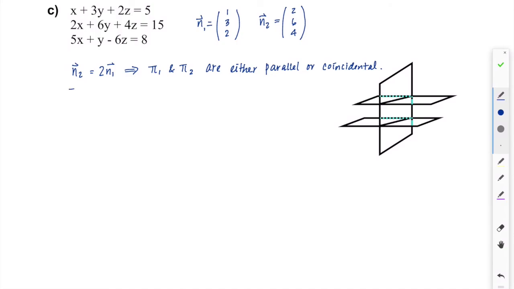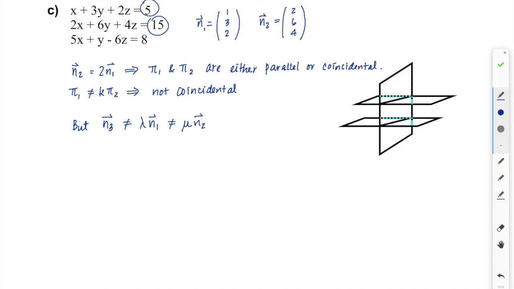But I cannot write plane 1 as a multiple of plane 2, because 5 and 15 are not in the ratio of 2, which means they are not coincident. Okay, so that's our reasoning. But then, if I check N3, which is (5, 1, negative 6), this is not a scalar multiple of N1 or of N2.